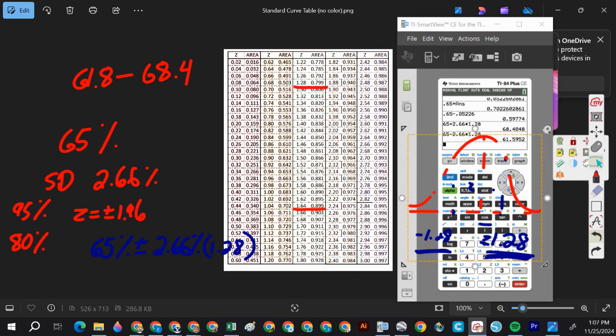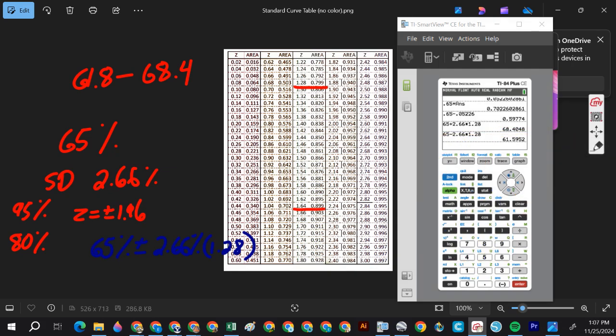Let's get rid of this. So I need to do 65 plus 2.66 times 1.64. And then the same thing with a minus. So from 60.6 to 69.4.